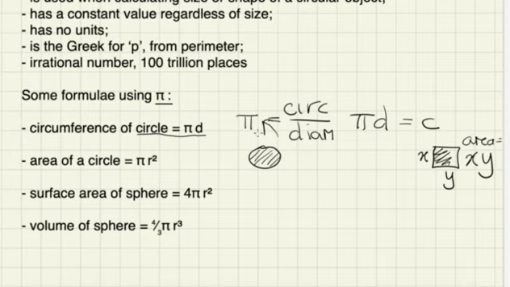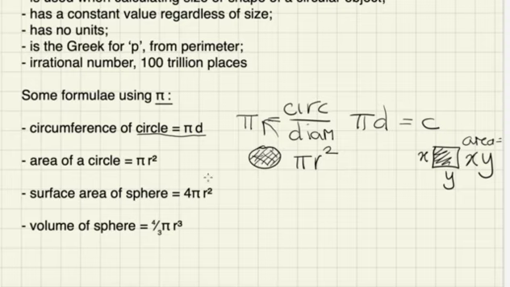For a circle, the way you find it out is pi multiplied by the radius squared. So we know what pi is. You measure the radius, or you get it from dividing the diameter by 2. Then you square it, multiply by pi, and you've got the area. So these are formulas that are worth remembering.